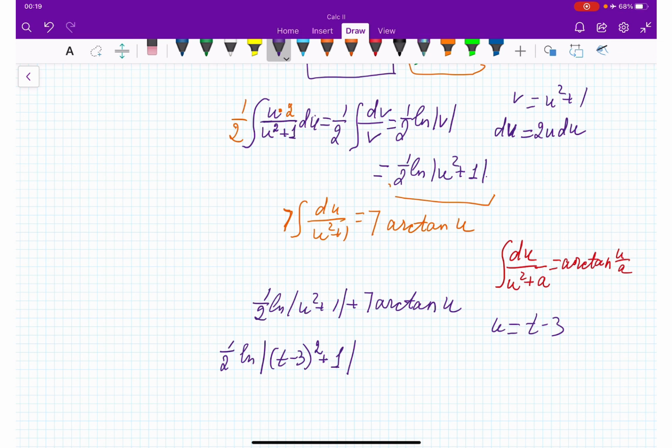I would gladly take off the absolute value because we have a square, which means there is no threat of getting a negative sign. Plus 7 arctangent t minus 3, right?